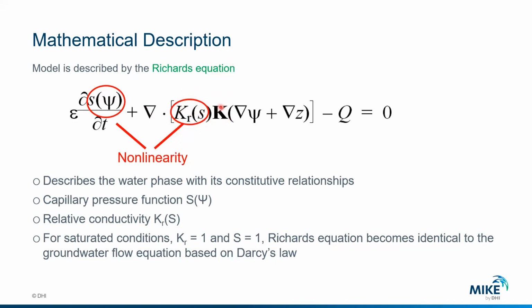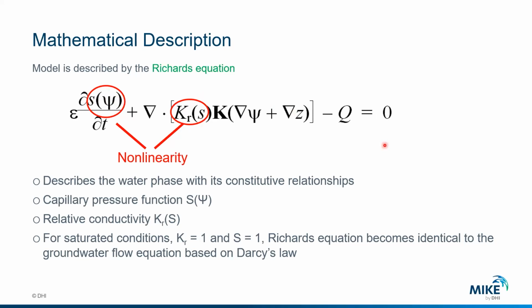And so this is 1, and here you have the saturated hydraulic conductivity multiplied by a hydraulic gradient, which we know, and this becomes basically analogous to Darcy's law. And this S as a function of the pressure head becomes 1, basically.